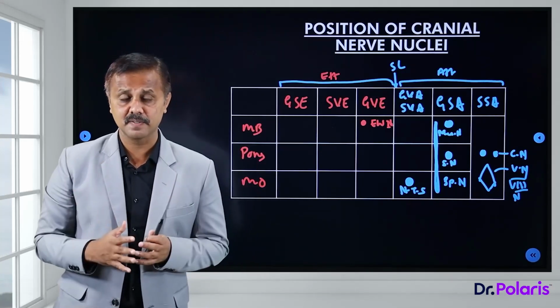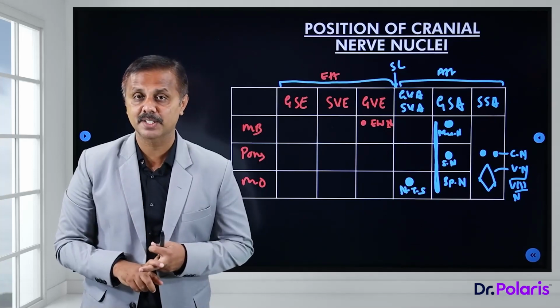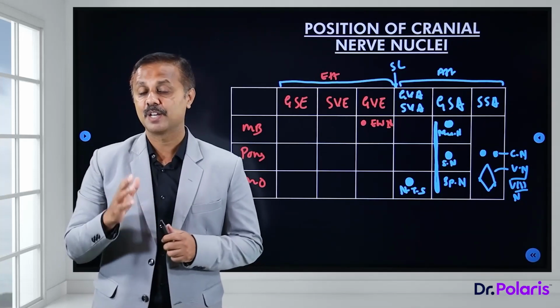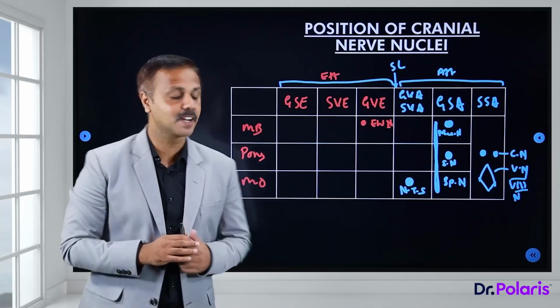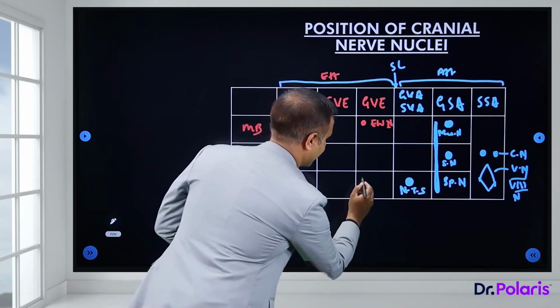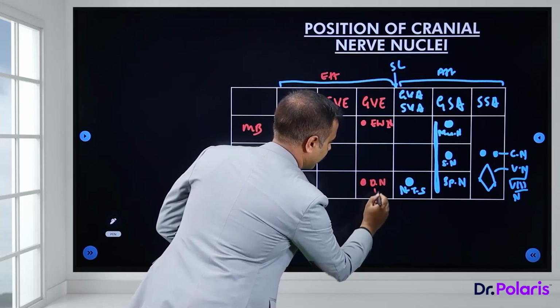Now, which is the nerve which innervates the smooth muscles in the body and also the cardiac muscles in the body? Yes, it is the vagus nerve. And what nucleus is associated with the vagus nerve and the general visceral efferent column? Remember, this is referred to as the dorsal nucleus of vagus.